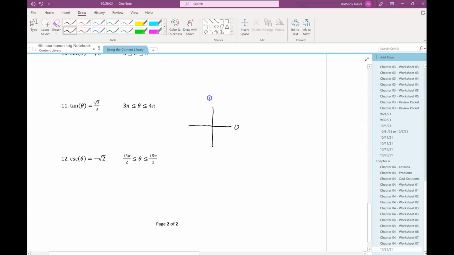So 0, pi over 2, pi, 3 pi over 2, 2 pi, 5 pi over 2, 3 pi, 7 pi over 2, and 4 pi. So 3 pi to 4 pi is quadrants 3 and 4. Cool there.